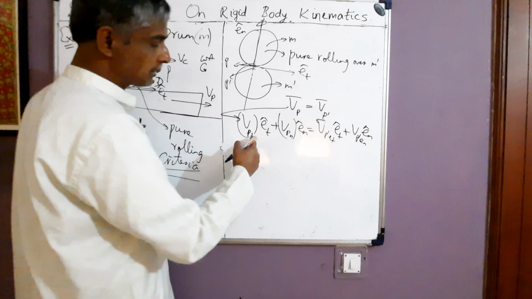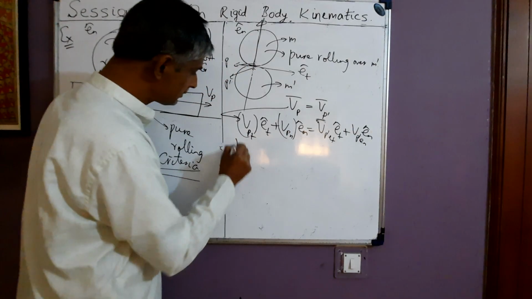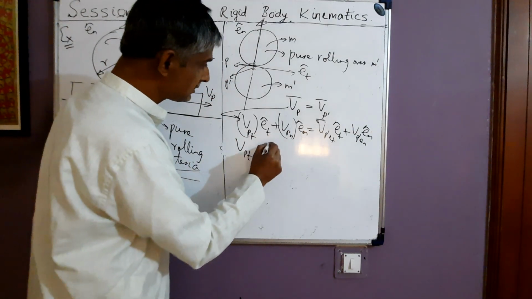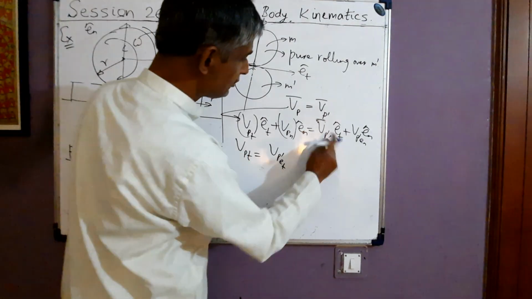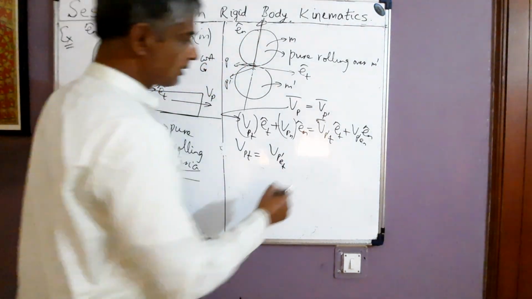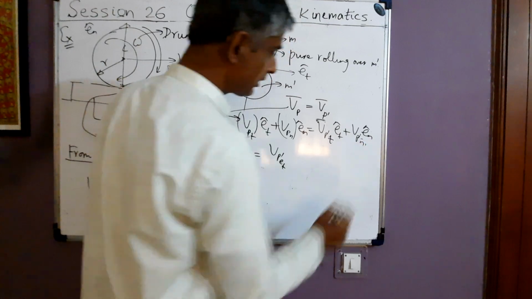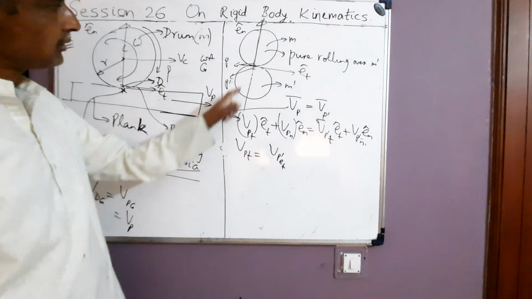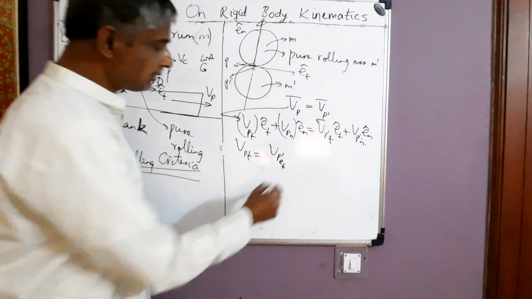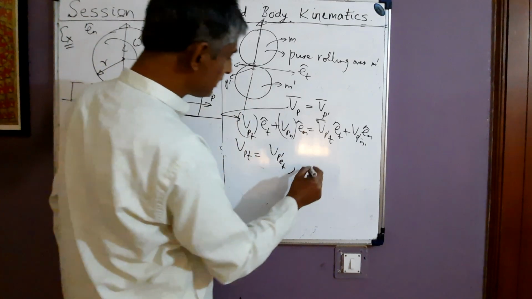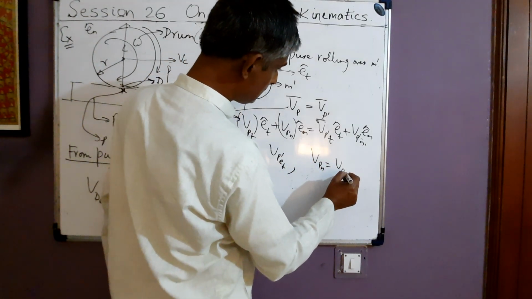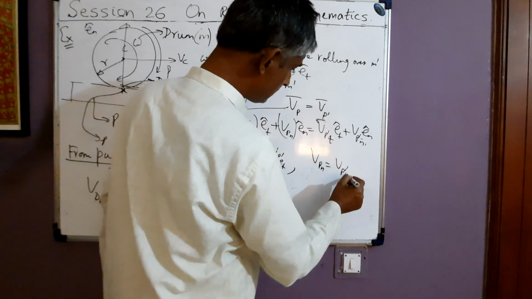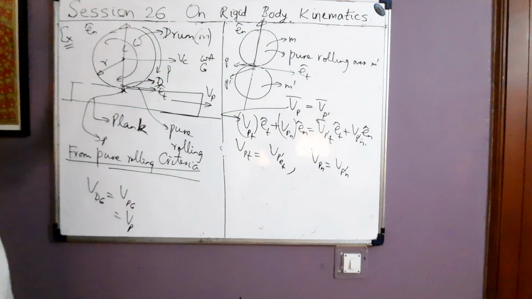So if we equate the respective coefficients of et and en on both sides, Vpt is the same as Vp dash t, and Vpn is simply Vp dash n. So velocities of 2 points along common tangent plane are equal, and velocities of 2 points P and P dash along common normal are also equal.